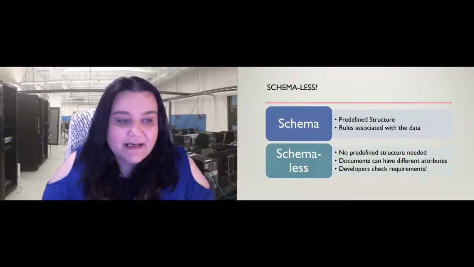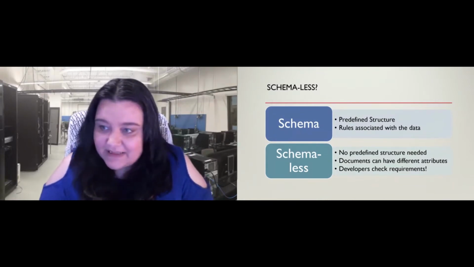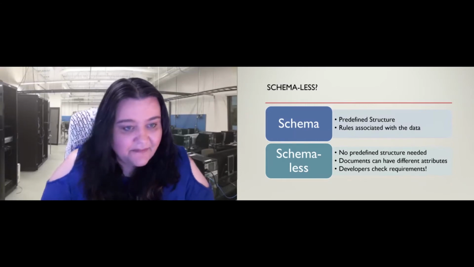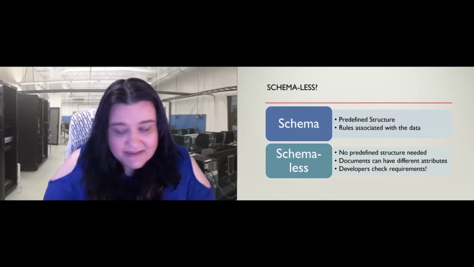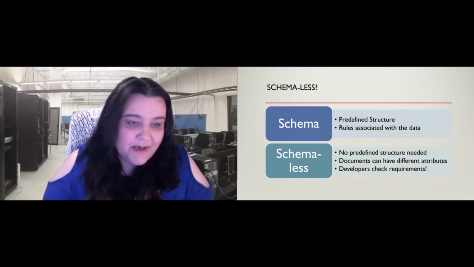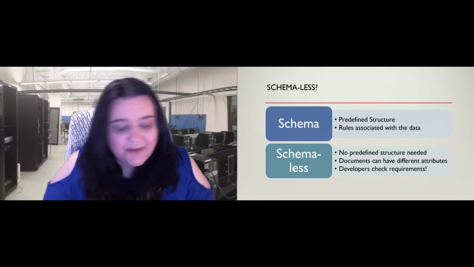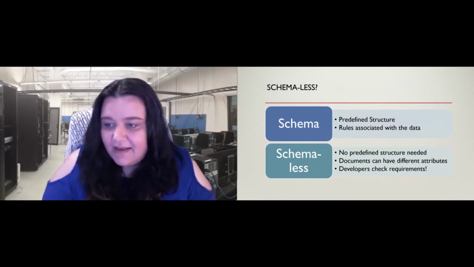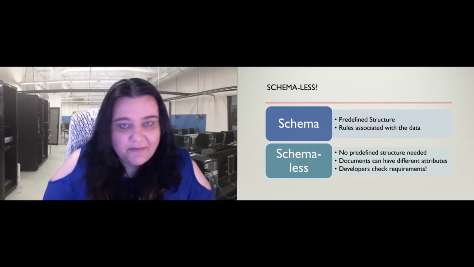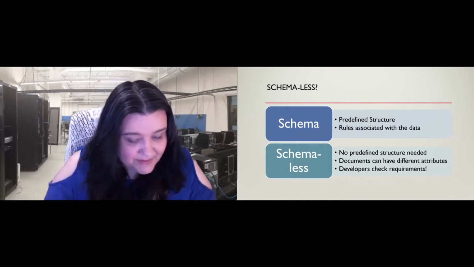So what is a schema and what is schemaless? A schema is what most relational databases have, which is a predefined structure, which is usually fixed. It tells us what the tables are, what the columns are, how those tables interact with each other, how the columns store data. They even have information about the keys and the rules that are associated with the data.